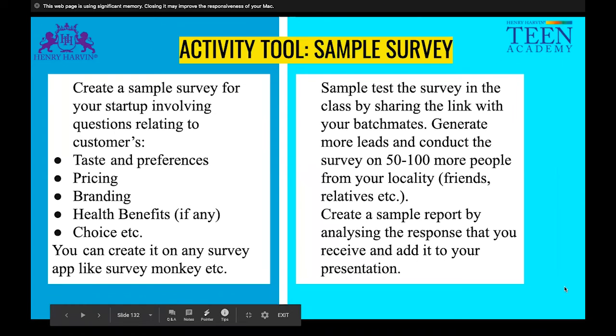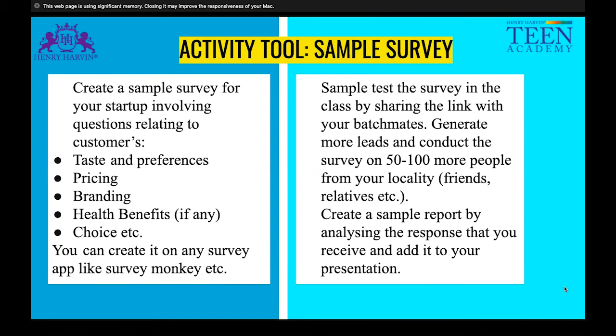There's a simple activity that I need you to conduct, which is taking a sample survey. Herein, you can take a sample survey basis your product, talking about the tastes and preferences, pricing, branding, health benefits, choices, etc., and create a sample survey and float it amongst 50 to 100 people in your locality.